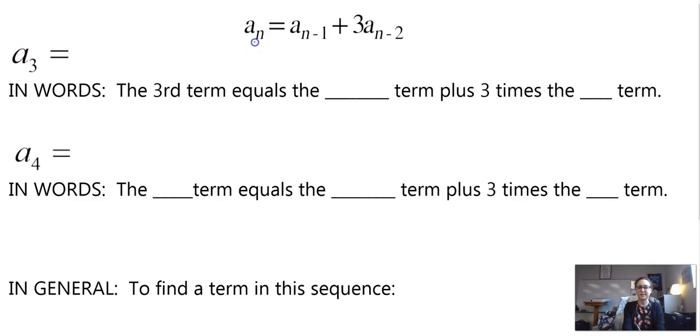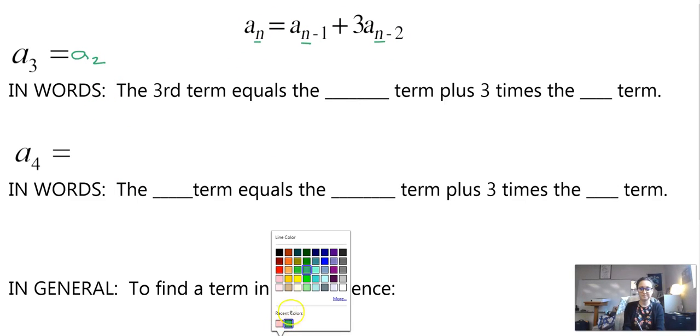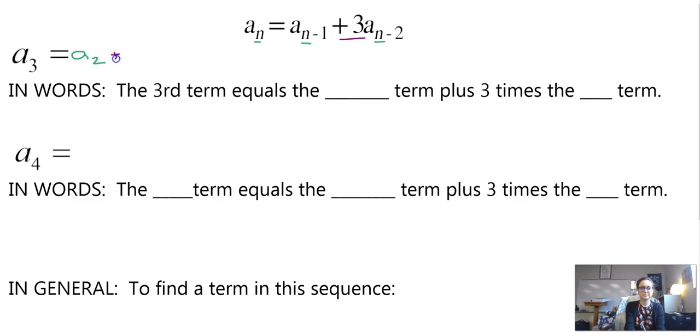That means I'm going to plug a 3 in anywhere I see an n, right? So a sub 3 will be a sub 3 minus 1. Well, 3 minus 1 is 2. Then I've got this plus 3 and then times a sub n minus 2. But again, what am I plugging in for n? Plugging in 3.